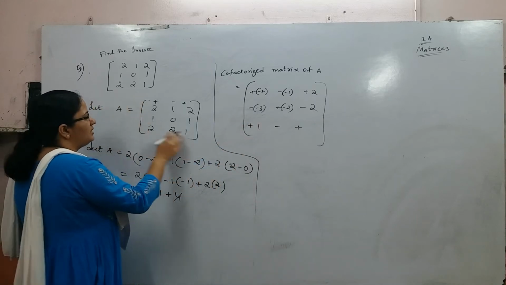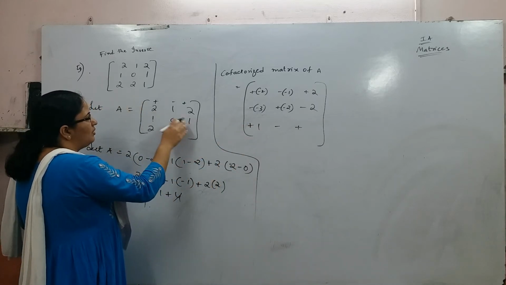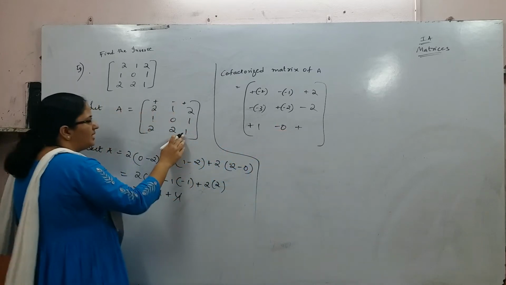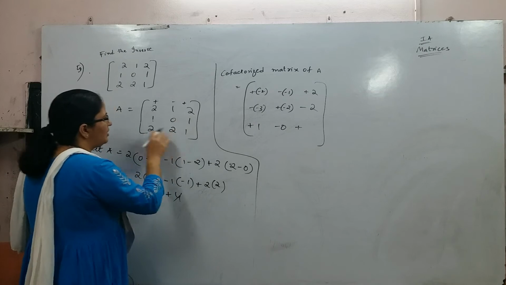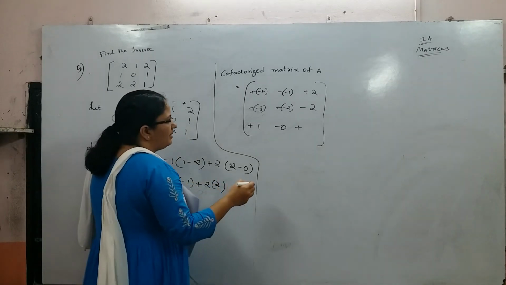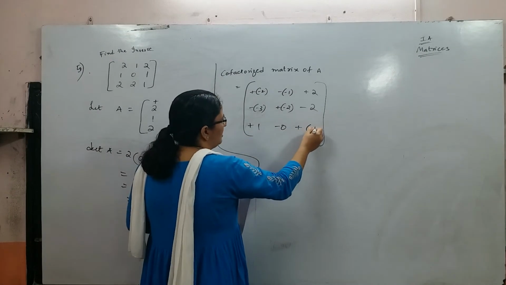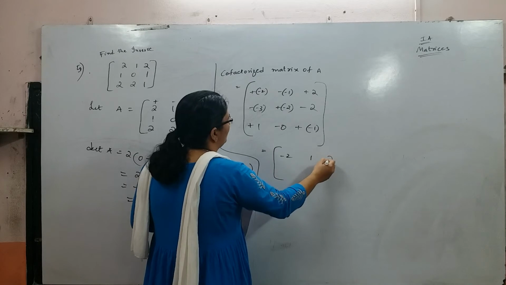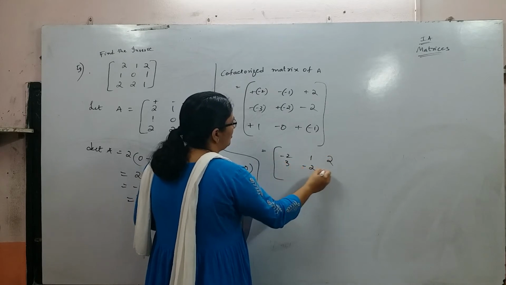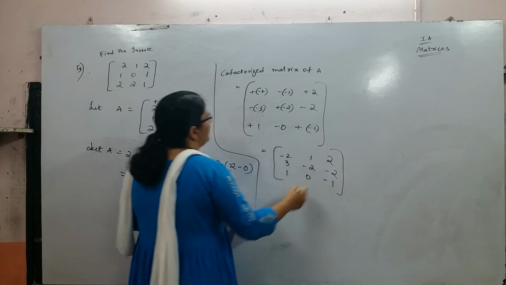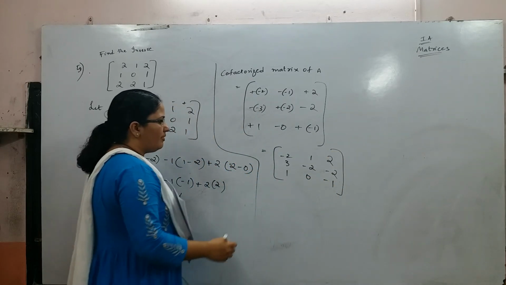For 2, close this row, close this column. 2 minus 2, 0. For this one, close this column, close this row. 0 minus 1, minus 1. So that is equal to minus 2, minus 1, 2; minus 3, minus 2, 2; 1, 0, minus 1. This is the cofactor matrix of A.